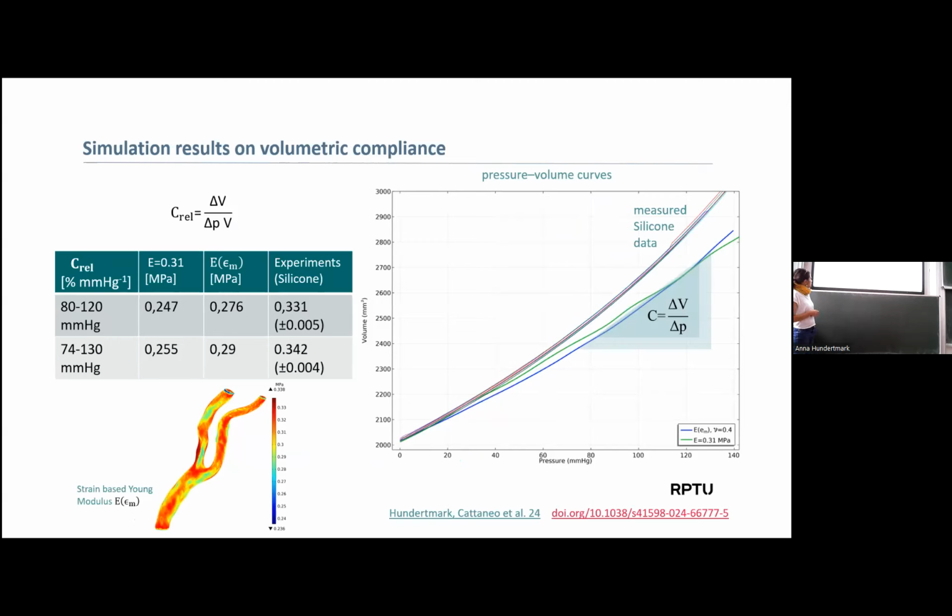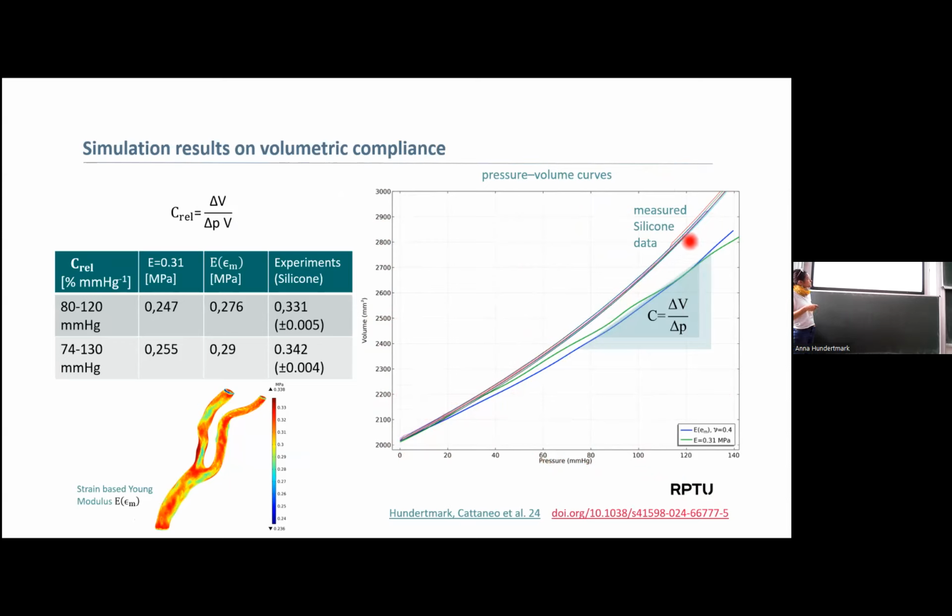Okay, and now the results are as follows. Here in this figure, you can see the dependency of the volume. On the vertical axis is the volume, and on the horizontal axis you have the pressure. So depending on the pressure, you have the volume change of this phantom.